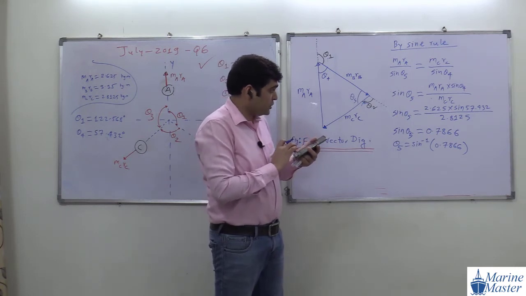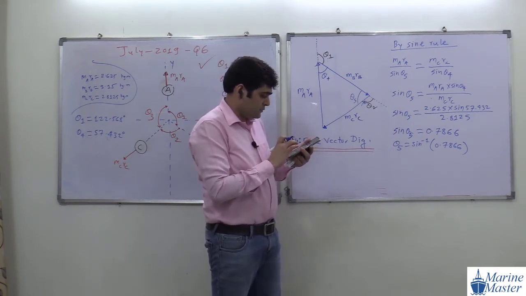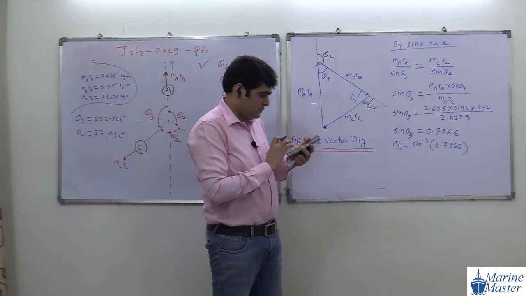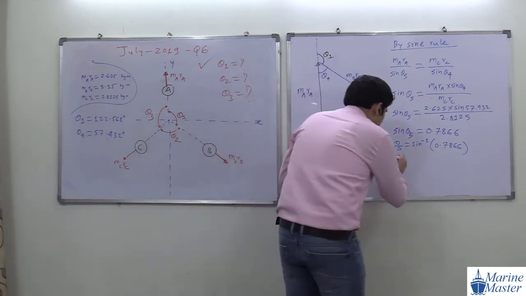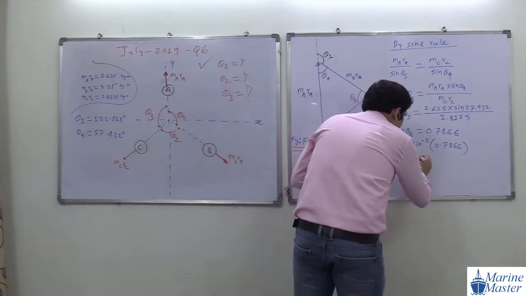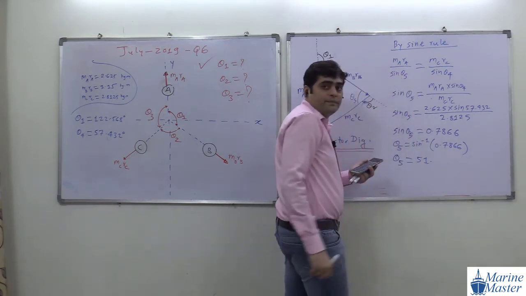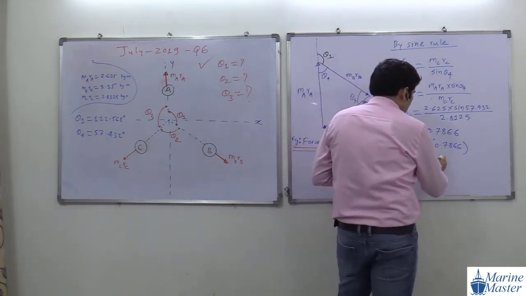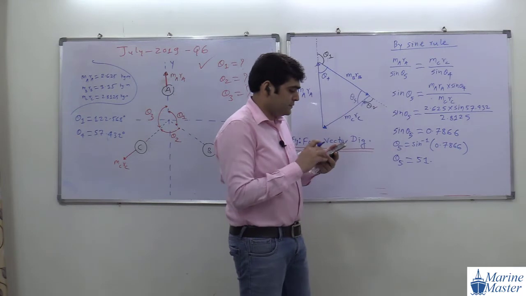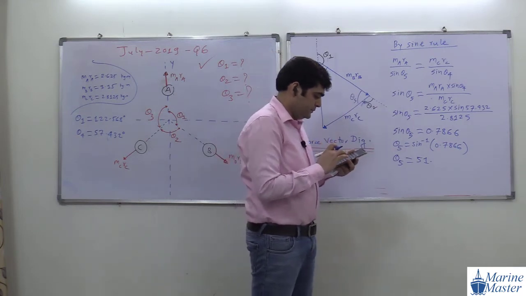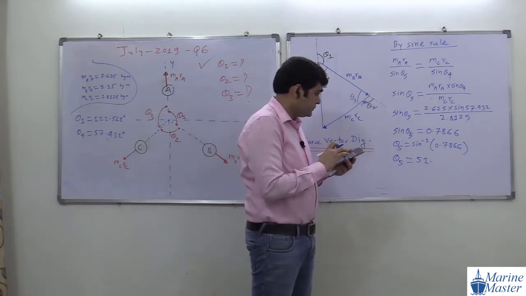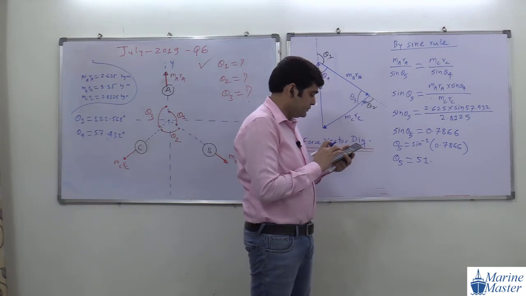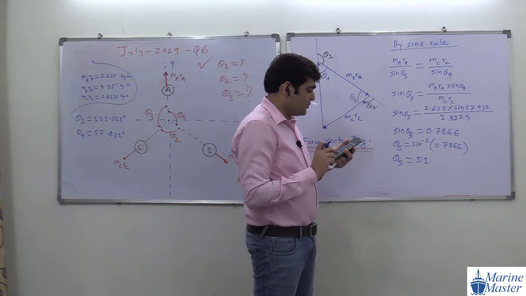Please do the calculation. Okay, good. So theta 5 is equal to what? 51 point, up to 4 digits.